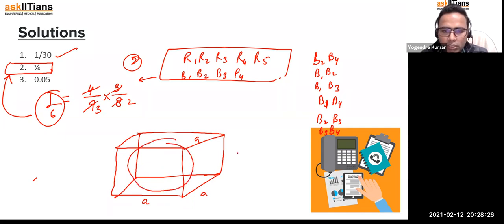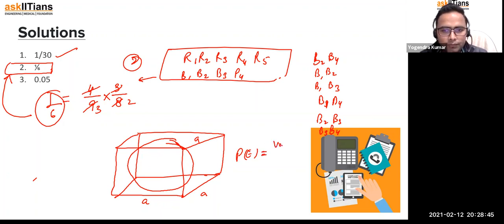So what is the probability that a particular point, a particular particle of this solid box, will come out in that circular part or will not? What is the probability of that?